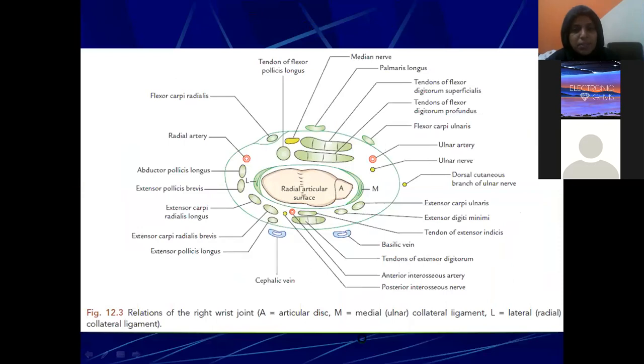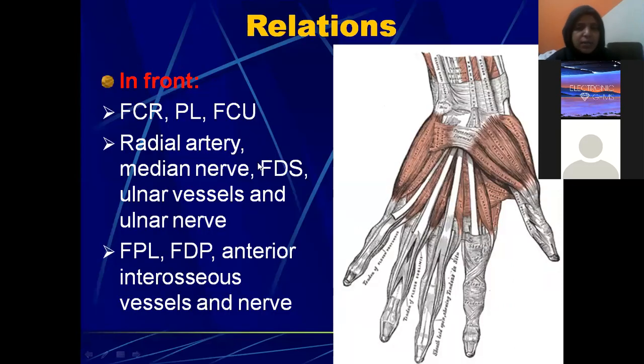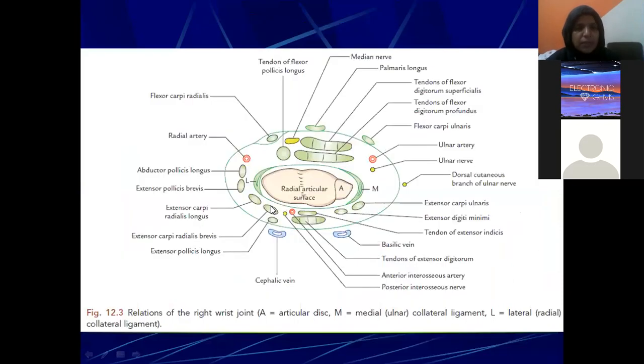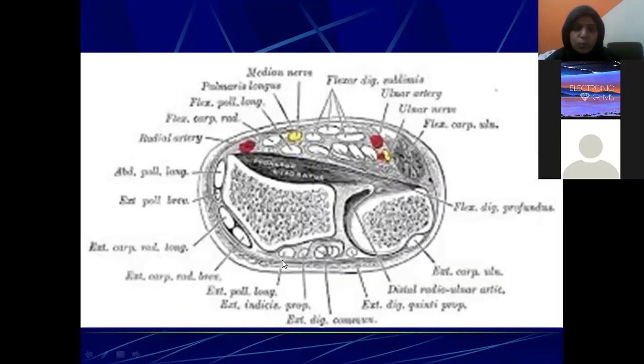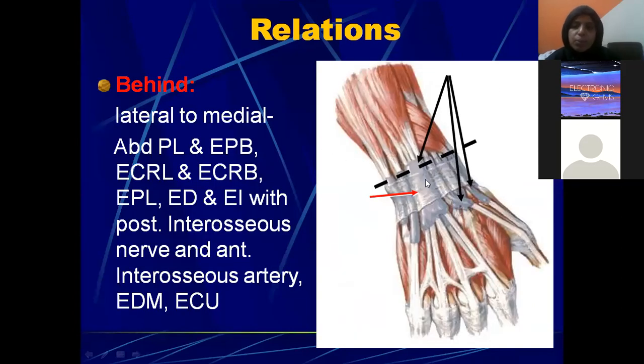Then what may be the posterior relations? All extensors, isn't it? You remember those 6 compartments what I told you, which divides by the extensor retinaculum. From there lower down we have the septa dividing into 6 compartments. Just go through once. That is all posterior relations. So lateral to medial, what do we have?